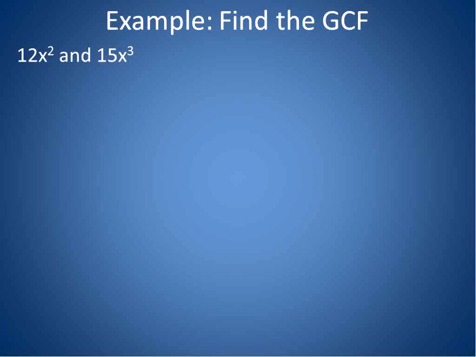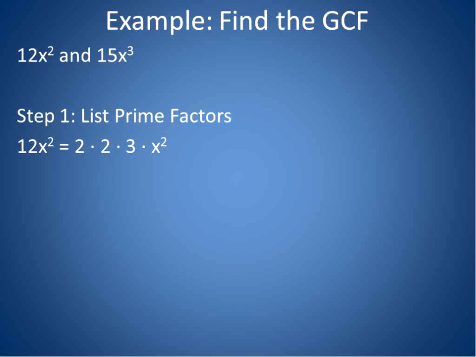In our first example, we're going to look at the monomials 12x squared and 15x to the power of 3, or in other words, 15x cubed. We're going to follow those steps. Step number one, we list the prime factors of both of these terms. 12x squared is the same as saying 2 times 2 times 3 times x squared. Those are the prime factors.